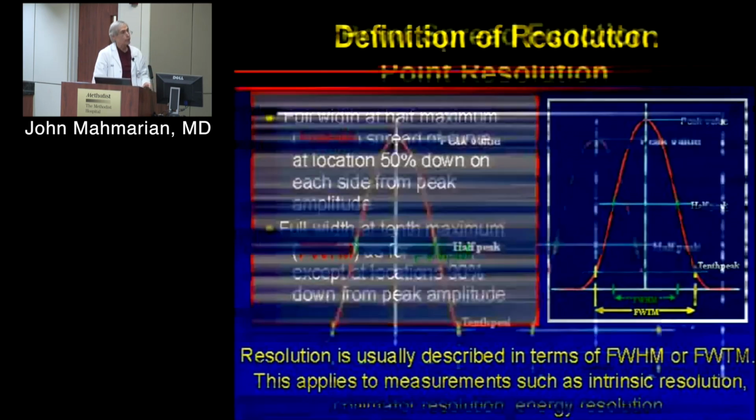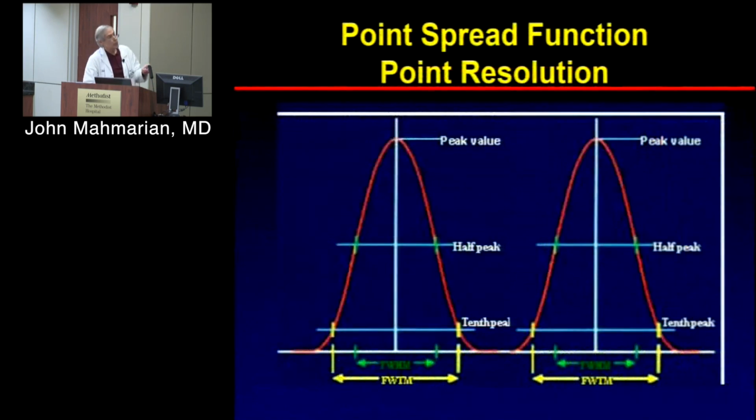And that has important implications, because let's say you have a photon being emitted here and a photon being emitted here. Well, if these are 2 points in space, you can see that you would be able to discern this point from this point because the full width half maximums don't overlap.